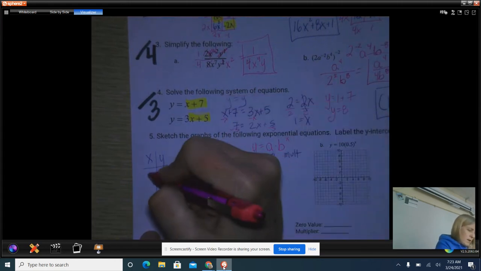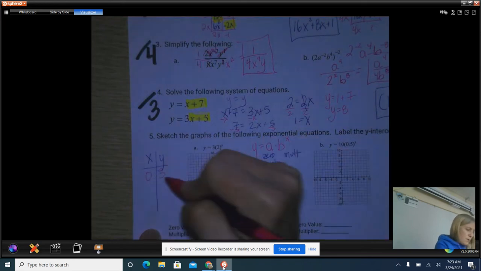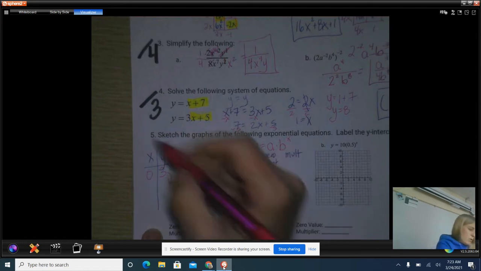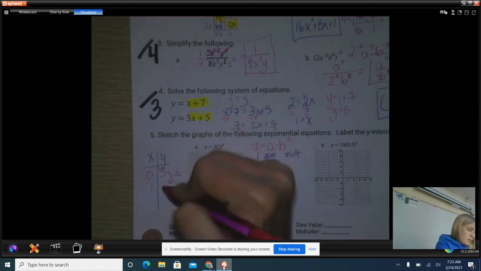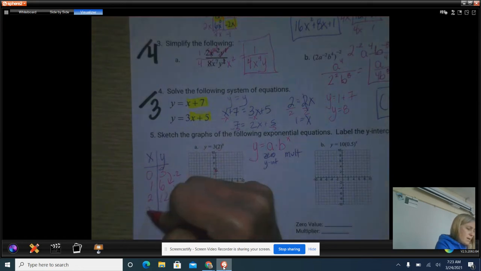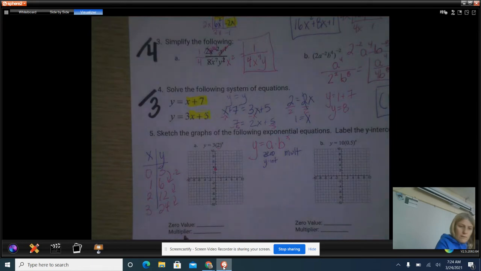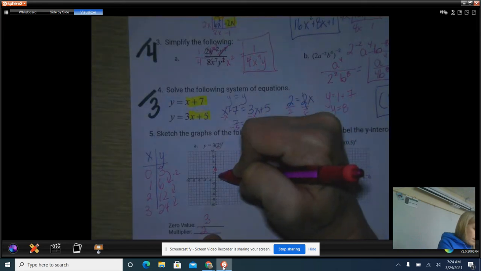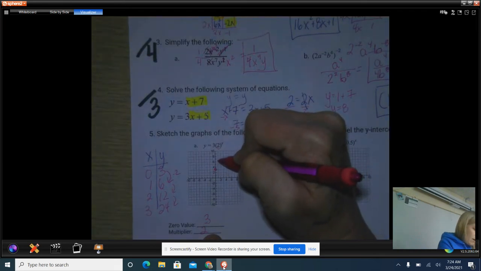My multiplier is 2, so I'm simply going to multiply it by 2. My first term, 3 times 2 is 6. My second term, 6 times 2 is 12. My third term, 12 times 2 is 24. So my 0 value is 3. My multiplier is 2. So next one, I'm going to have a 6 on there for my 1. And then it goes off the board.